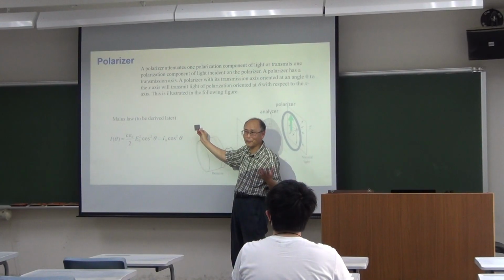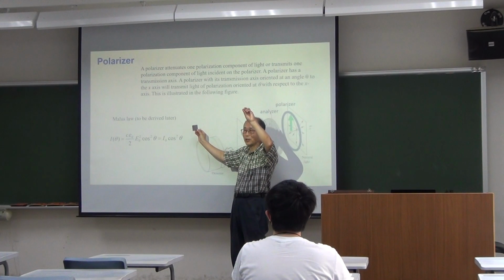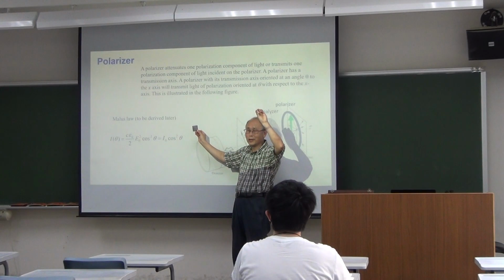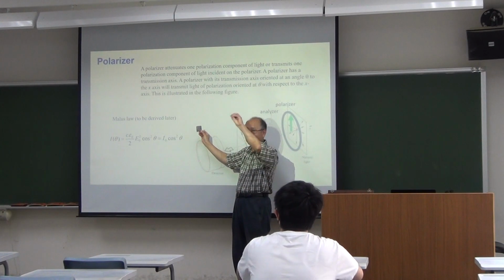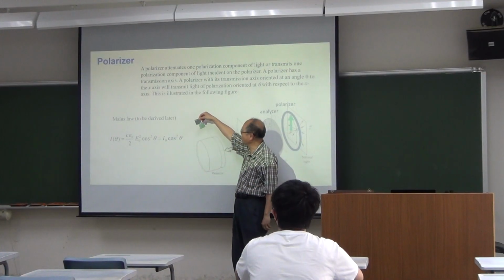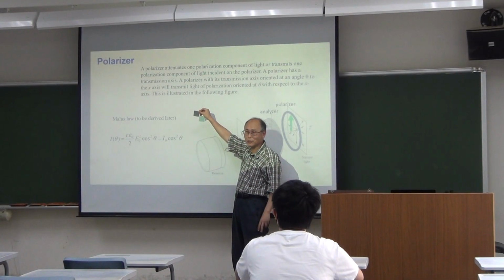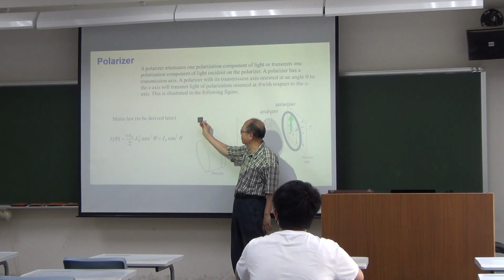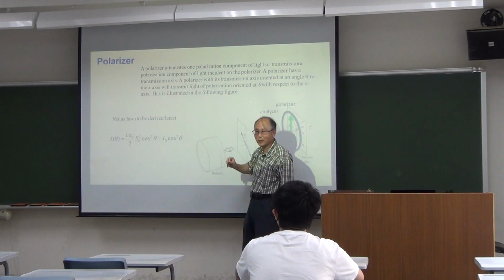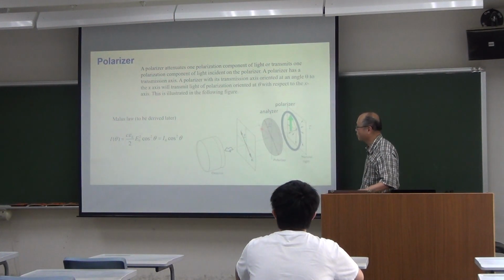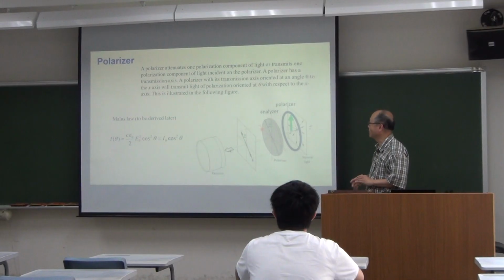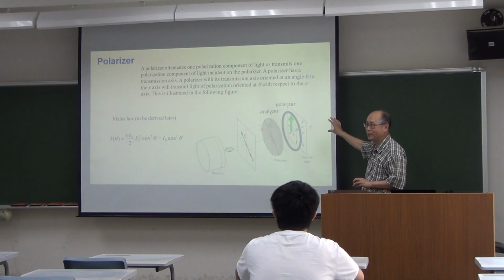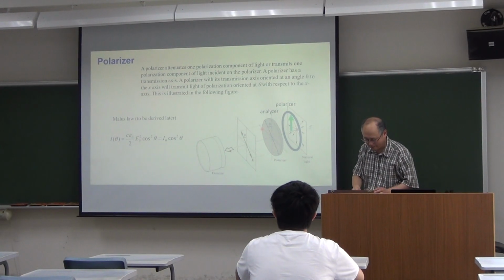Okay, because the white light can be decomposed into red, green, and blue colors. But the choice from your polarizer only has two, either vertical or horizontal. Okay, so you need to do more optical signal processing to be able to project different light onto a screen.